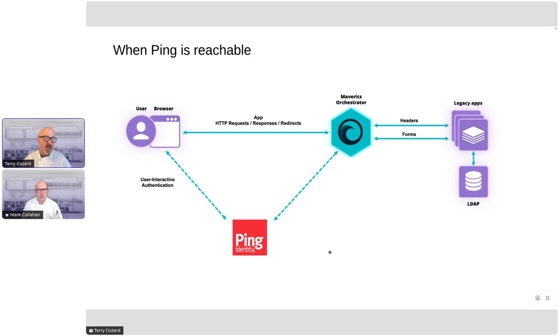Ping will do what it's really good at doing. It'll prove the user is who they say they are. It may or may not provide MFA or step up or passwordless authentication. And then once it does all of its job, we allow the user into the application. So in a healthy world where Ping is reachable, the users have no idea we're here.